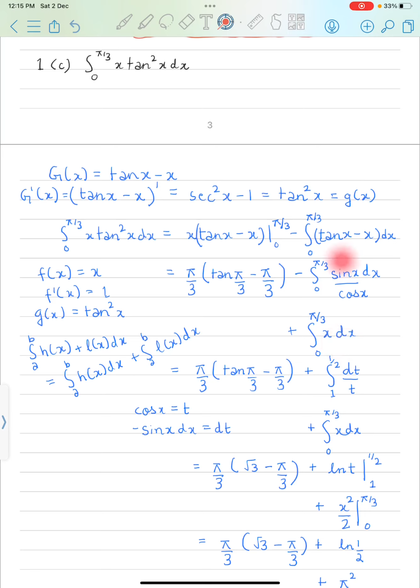Okay, so tan x I'm going to write as sin x by cos x, and I'm going to use substitution here. I'm going to substitute t is equal to cos x.